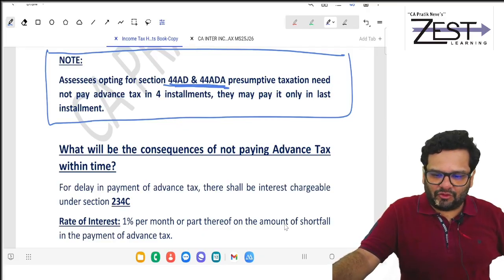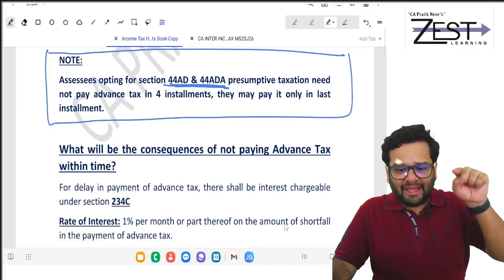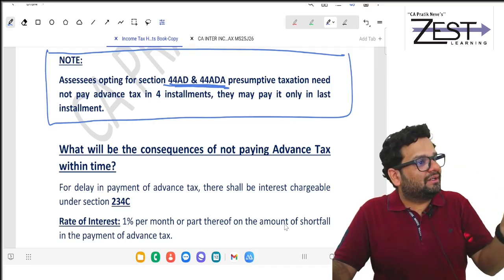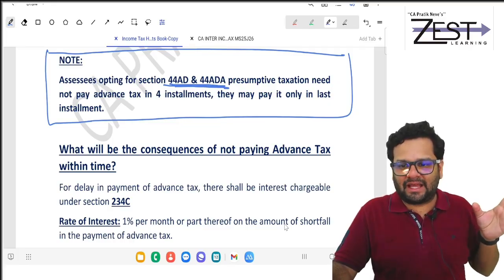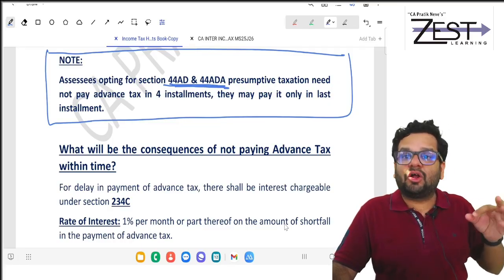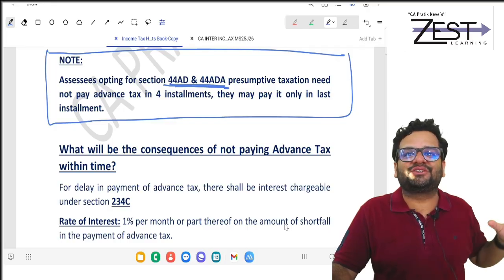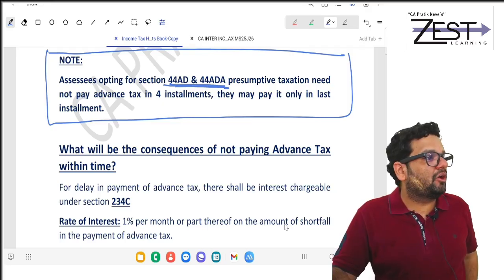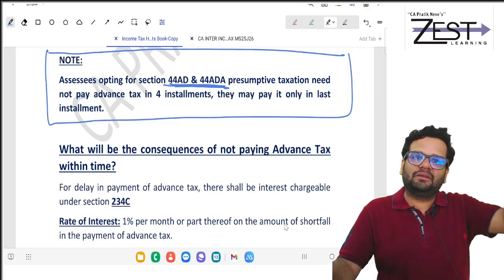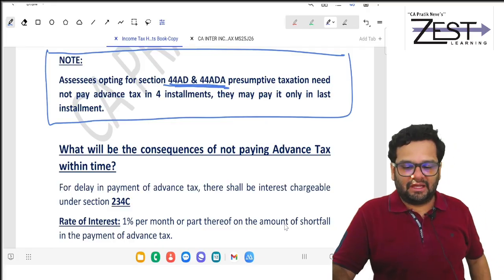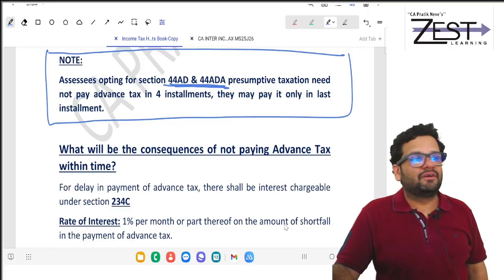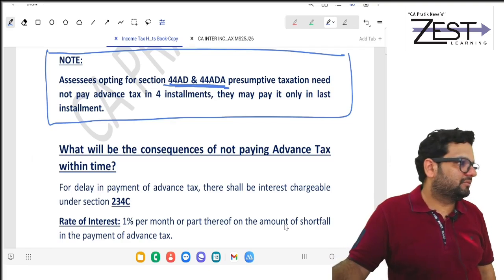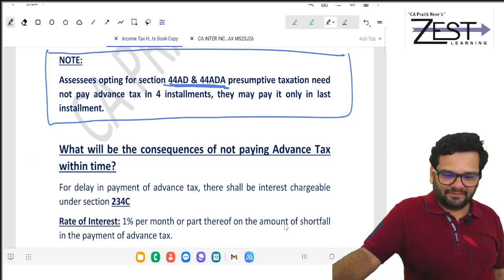An assessee opting for 44AD and 44ADA presumptive taxation need not pay advance tax in 4 installments. That's the facility for them. No headache of 4 installments. Pay only in the last installment. Last installment means which? 15th March. Just copy this note.